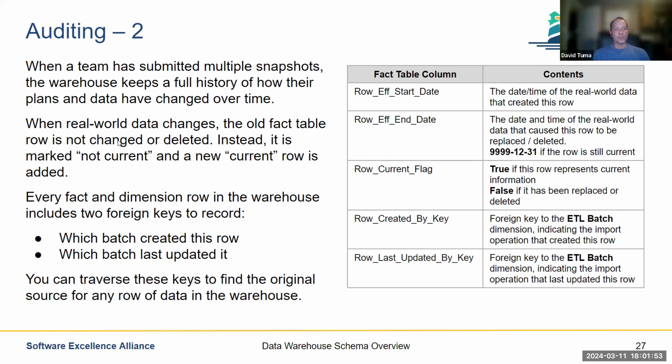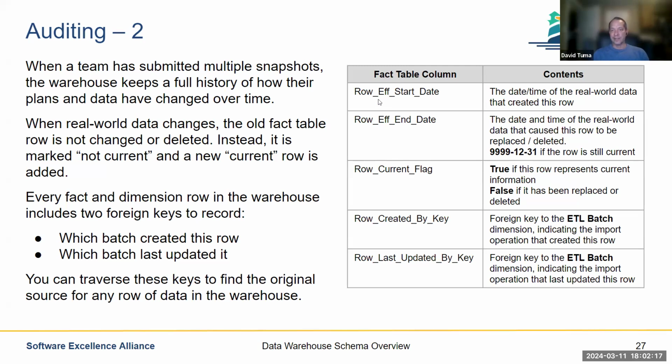And the way that I do this is that when real world data changes, like let's say there's already some data in the warehouse from team X, and I'm going to load new data, I don't delete rows from the warehouse representing the data that is now wrong. I just change a flag on it and say that that row is no longer current. And then I create a new current row in its place.